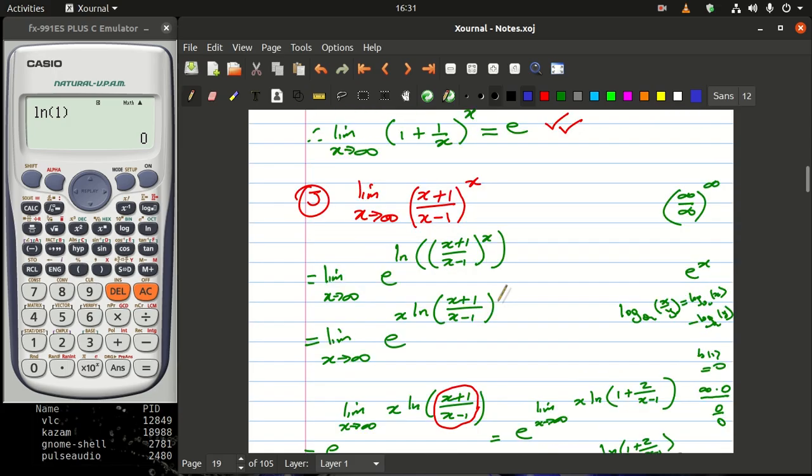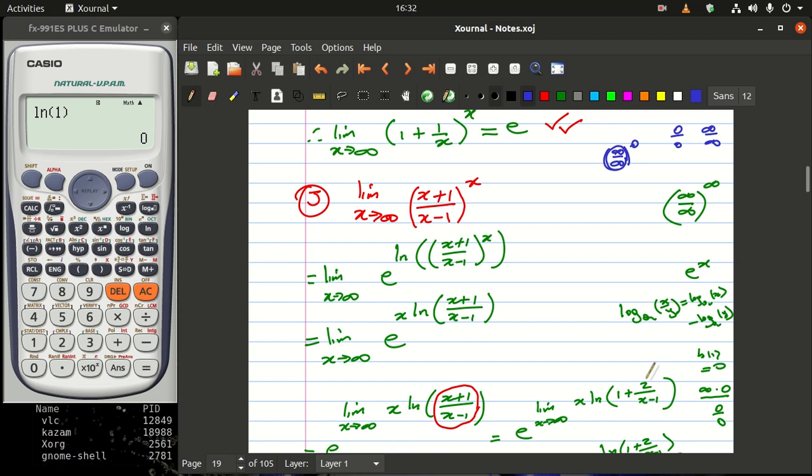Actually, the method that you are using, you need to be careful, because what we want to end up with here is 0 over 0 or infinity over infinity. Once you have infinity up there, or you have a 0, there is something that needs to be done inside here. That is why this one needed to be changed.